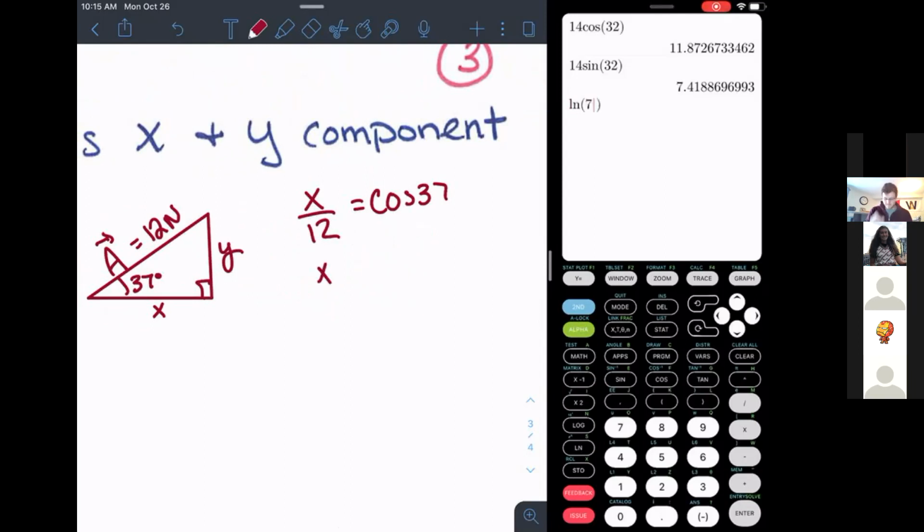Multiply by 12. So I have 12 cosine of 37. And if we do 12 cosine of 37, we get 9.58 newtons.